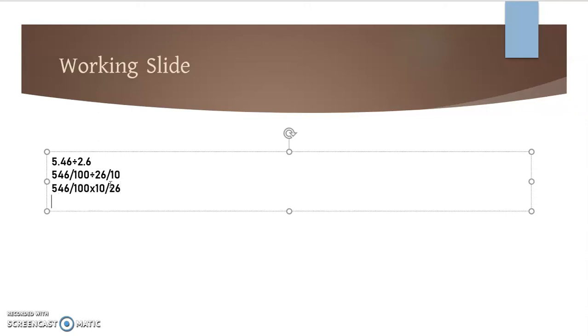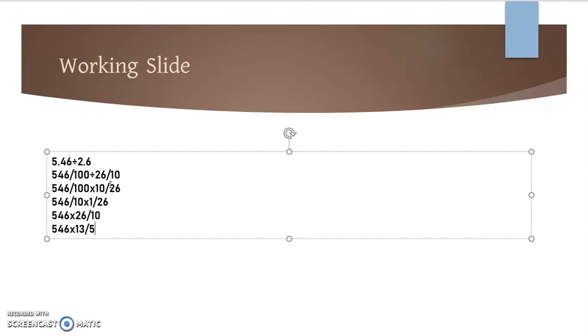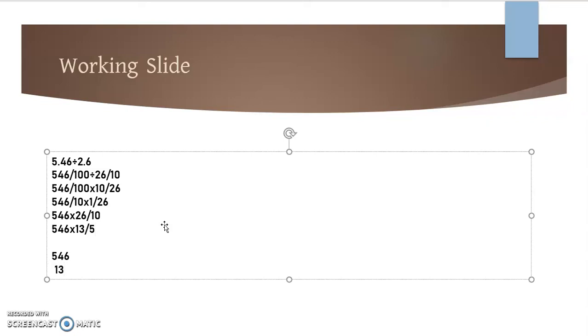Here what would happen basically is 546 divided by 10 into 1 by 26. Okay, 546 into 13 divided by 5. Now we'll do some basic math. 546, 13, 3.